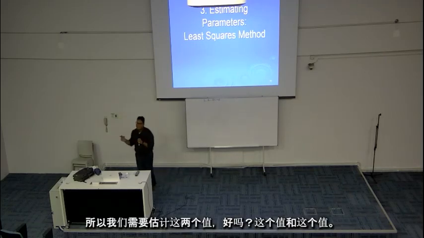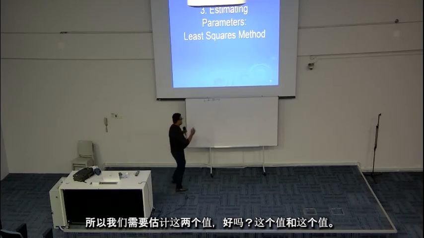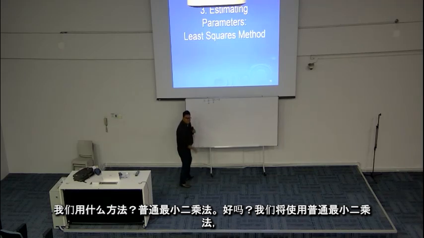We need to estimate these two values, this value and also this value. What is the method we use? The ordinary least squares method.